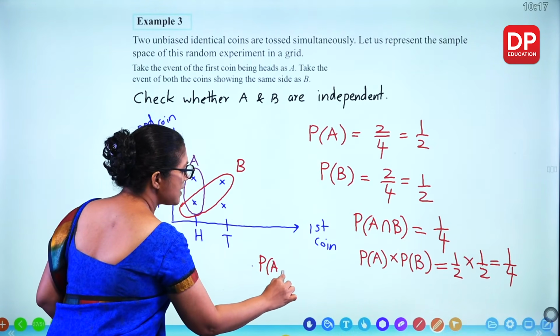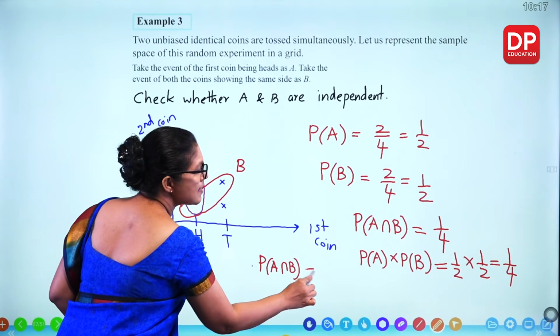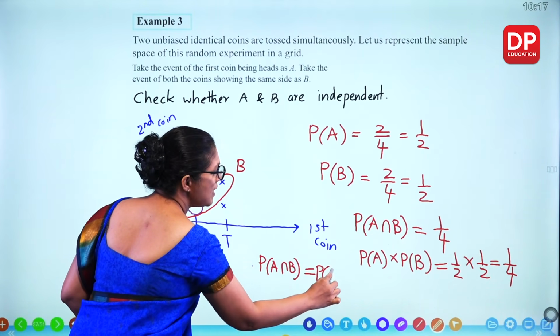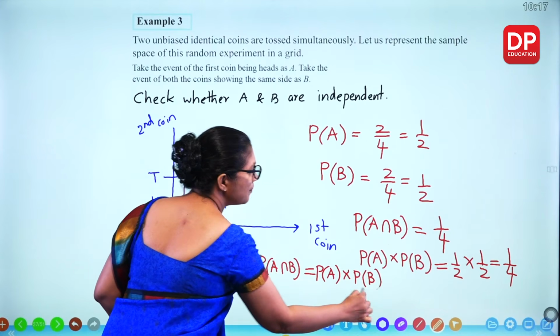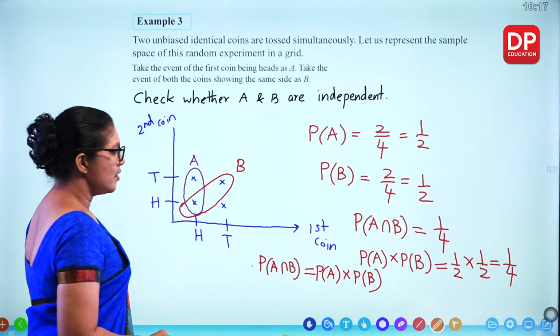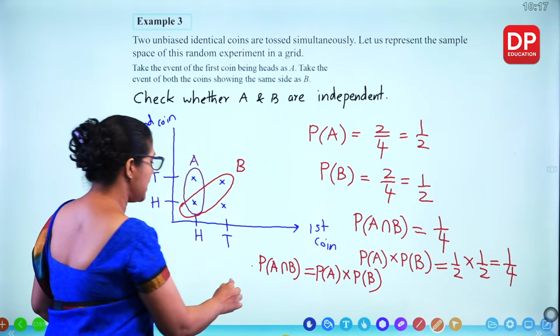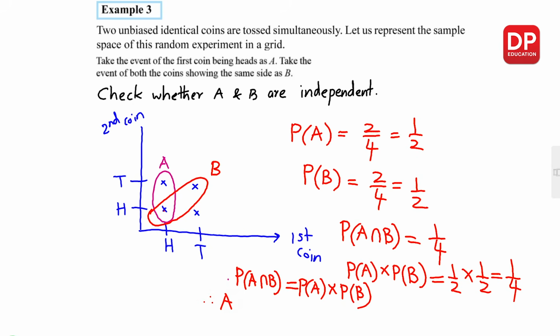Probability of A intersection B is the same as probability of A multiplied by probability of B. When you multiply, you get the same answer. So that means A and B are independent events.